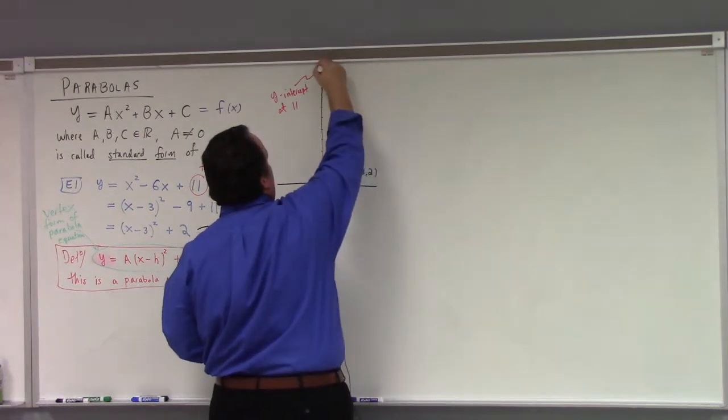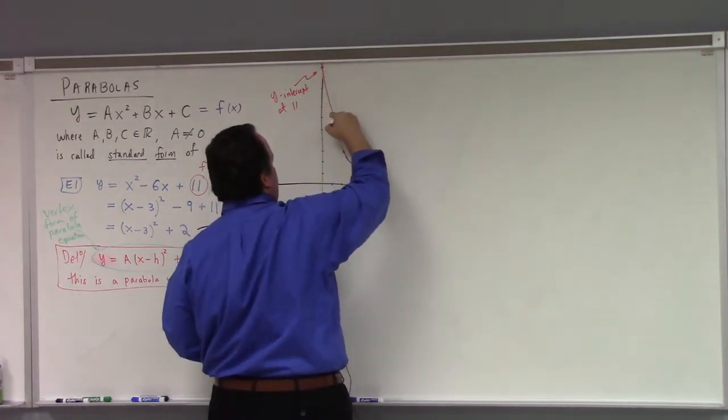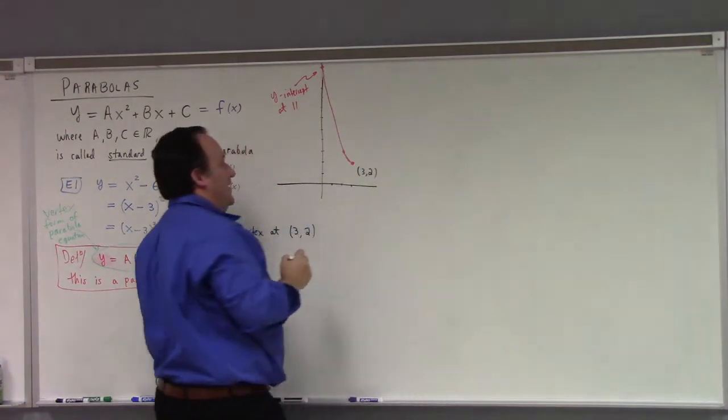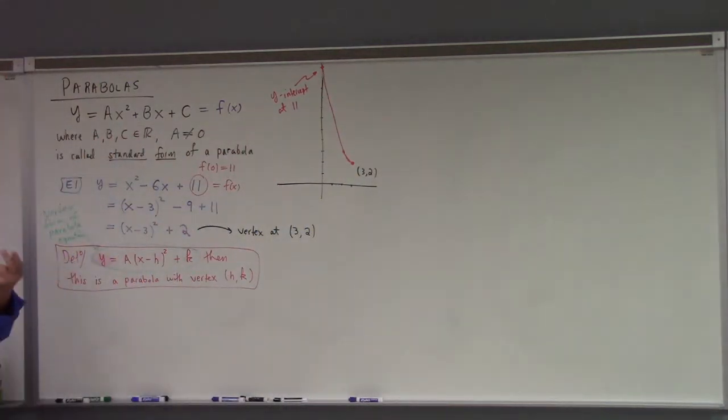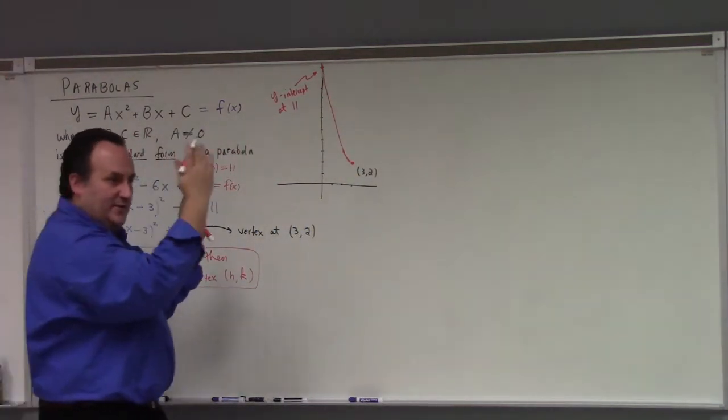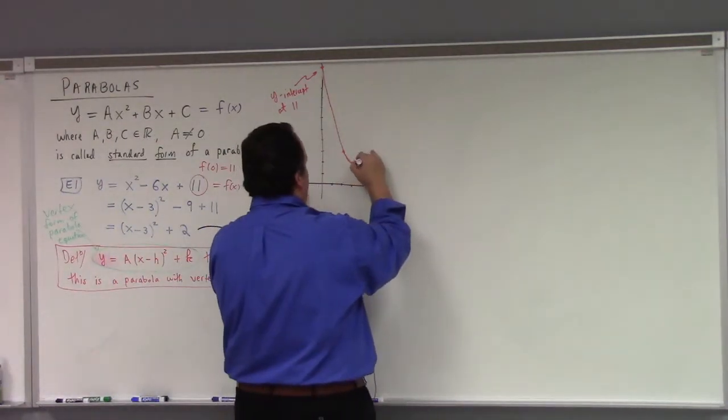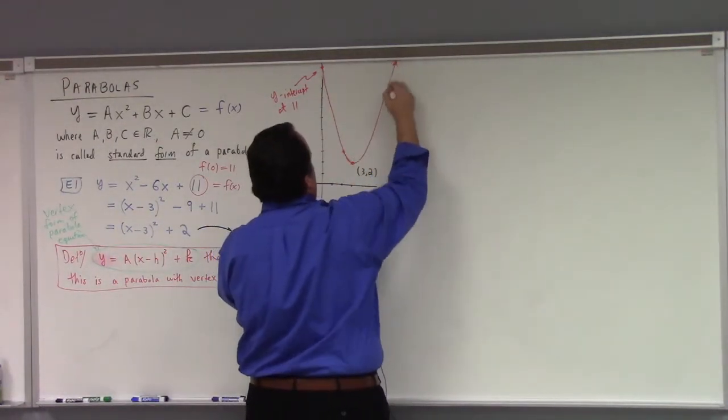And the cool thing about a parabola is if you know where the vertex is, it behaves symmetrically about the vertex, so the other half, you can just mirror. Roughly speaking, here you go.